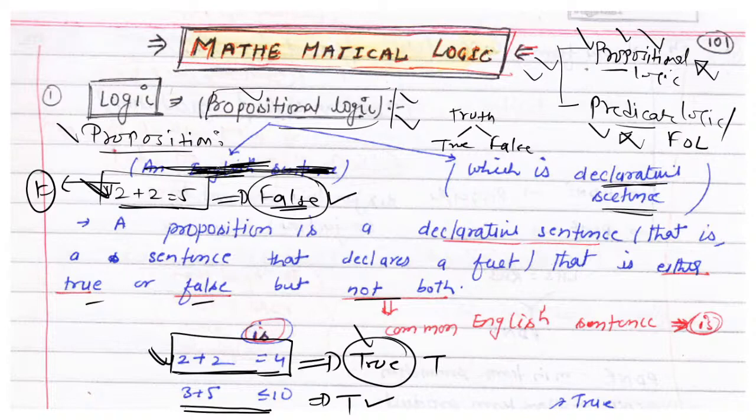But only worry about the definition of proposition: a statement which declares a fact. You can speak in Hindi, Chinese, anything; if you say a sentence that declares a fact, then that is a proposition.